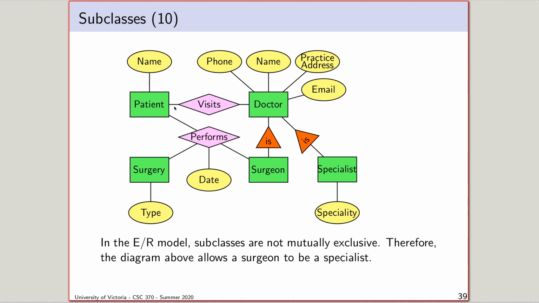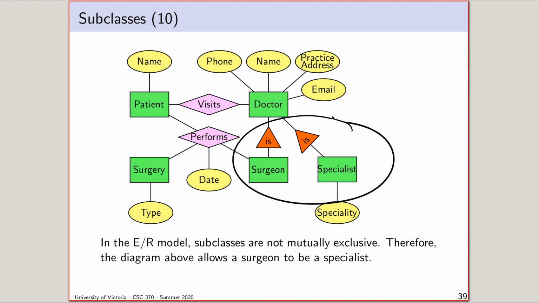One thing to observe about the is specifier is that unlike in a class hierarchy, it is not mutually exclusive. A surgeon is a doctor, a specialist is a doctor, but there is no requirement that a surgeon is not a specialist. You could have one doctor who is both a surgeon and a specialist, and that was allowed by the original model.